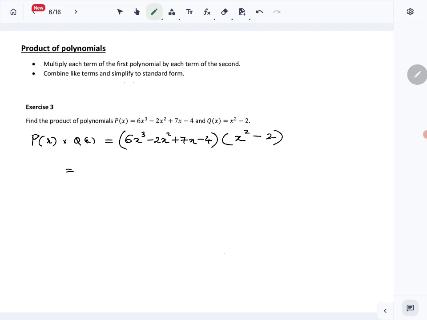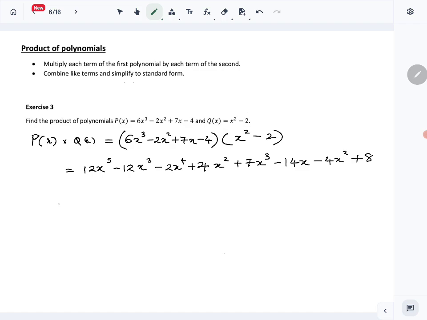So you get 12x to the 5, minus 12x cubed, minus 2x to the 4, plus 4x squared, plus 7x cubed, minus 14x, minus 4x squared, plus 8. Right, we are going to get 8 terms.